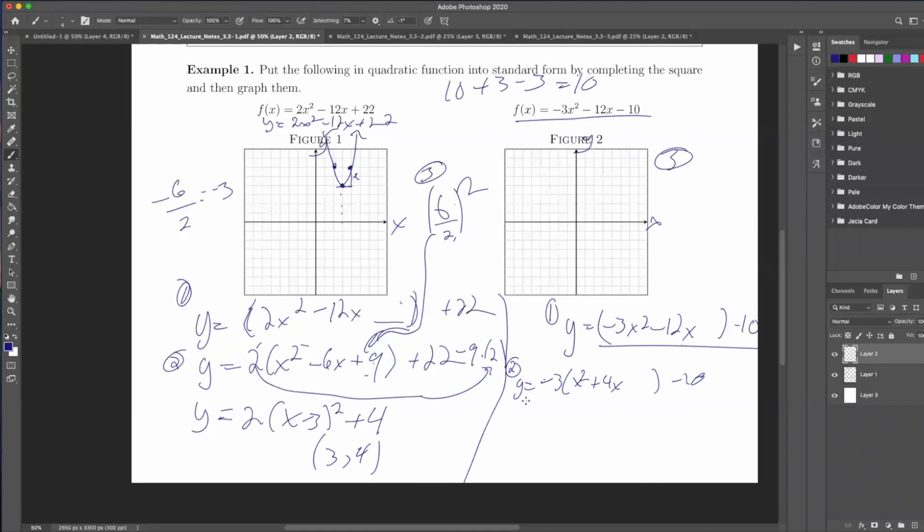Aha, now I have room. So here, b over 2 squared, well, b is 4, 4 over 2 is equal to 2. 2 squared is 4. I'm going to add a 4 here, and I'll add a 4 here, as someone already put in chat way earlier.